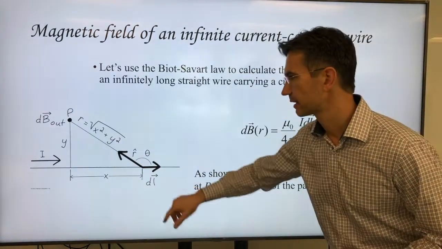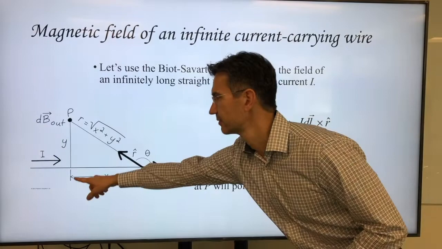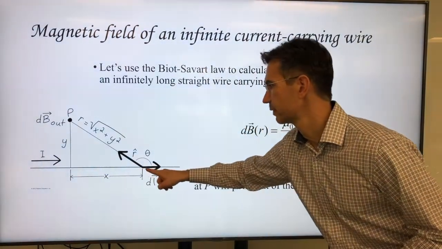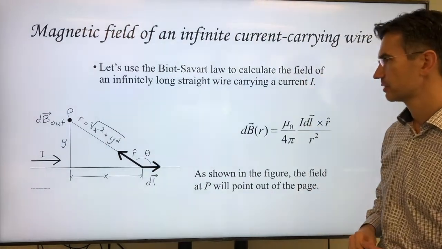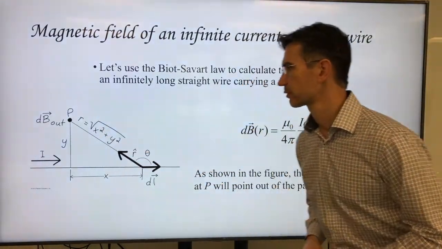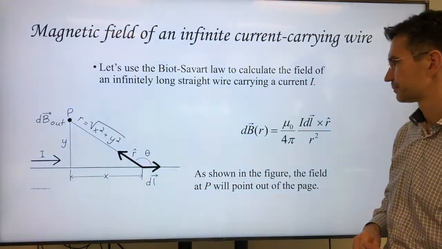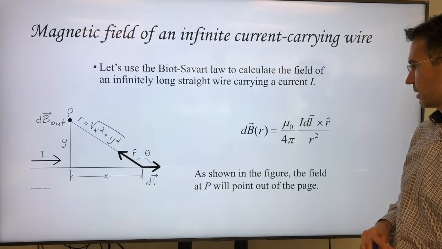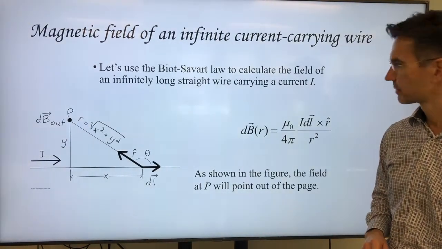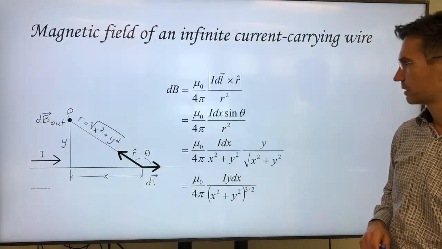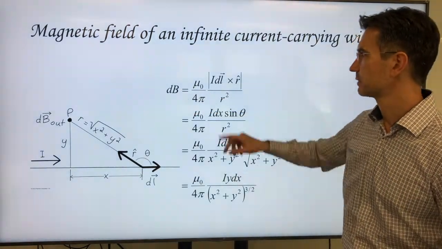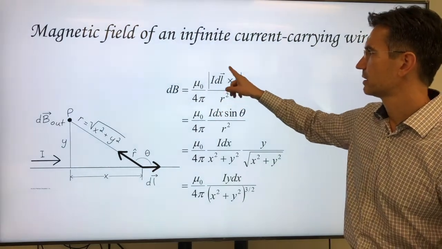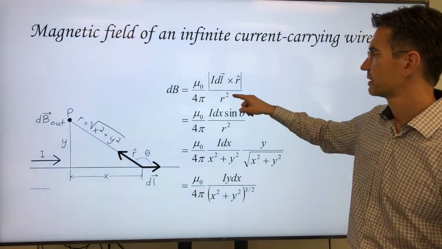And r, in our case here, if we have point P above the origin, and the distance to this point here being x and P being y above the origin, r is just the square root of x squared plus y squared. So when we do these calculations, the magnitude of the magnetic field is going to be mu naught over 4 pi times the absolute value of the cross product over r squared.